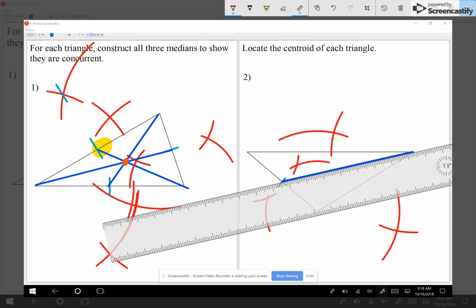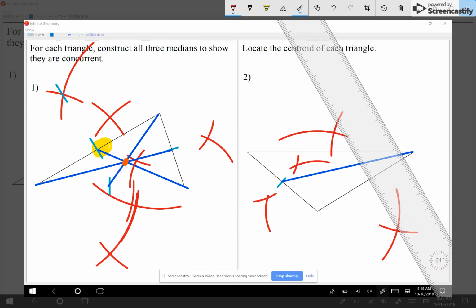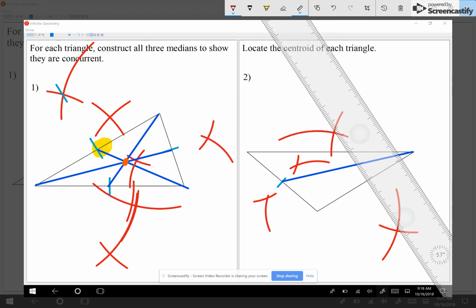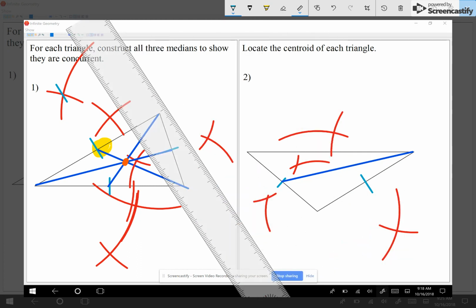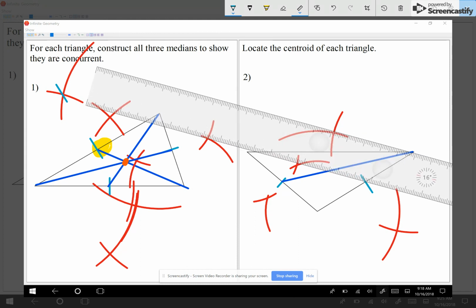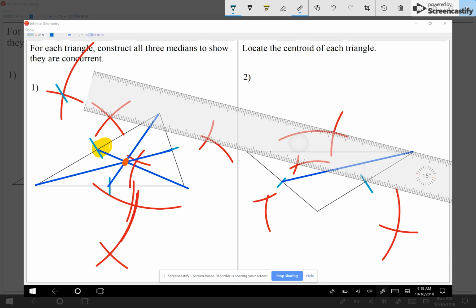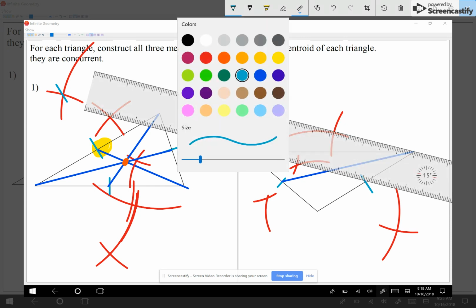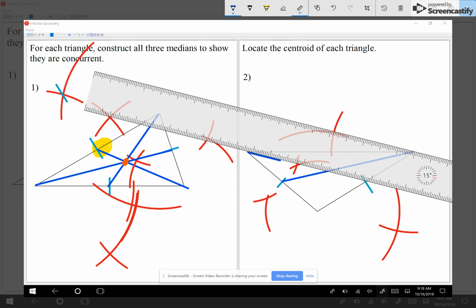Now I'm going to grab my ruler and connect those two intersections. The reason I make that intersection is because I want to find the midpoint of the segment. See, so I marked it there. Now I'm going to connect that midpoint to the opposite corner. In this case, let me do it in blue. That gives me another median.